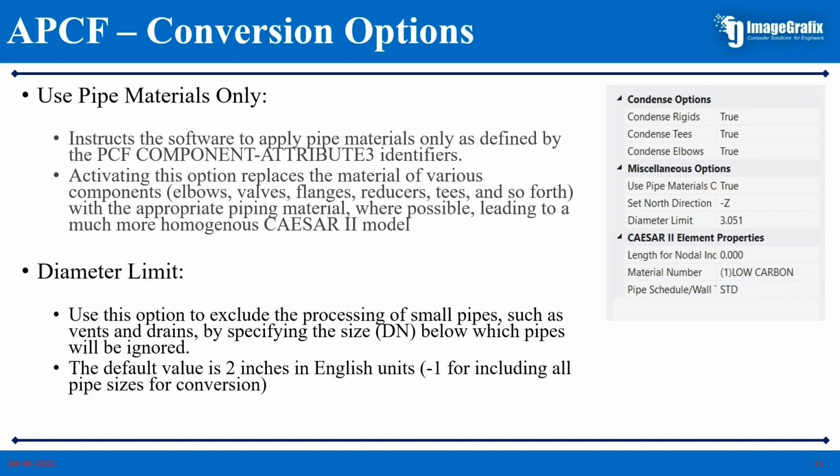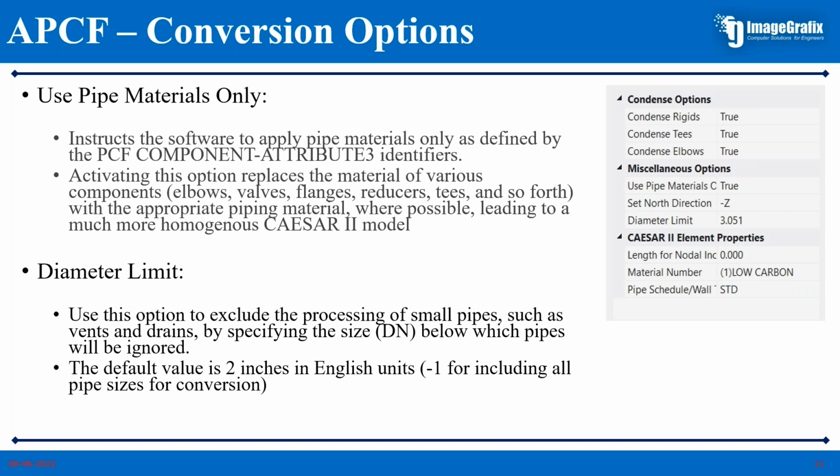If I make it true, whether it is an elbow material or a flange, everything would be condensed and a single pipe material will be used throughout your model. If I make it false, then for an elbow, the corresponding material, if it is mapped in my CAESAR II materials mapping, will be selected. Similarly for your flanges, if mapped with my flange materials, that material will be selected. Similarly for your tees and everything. So that is your condensed materials.